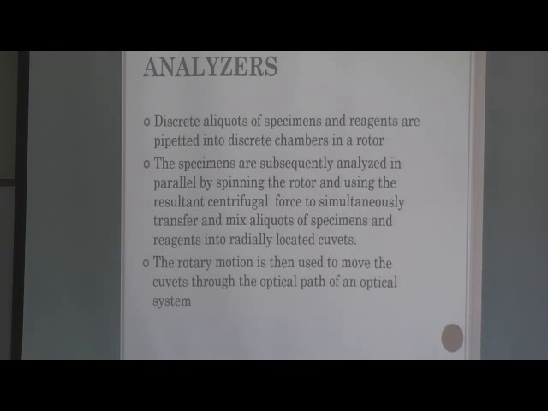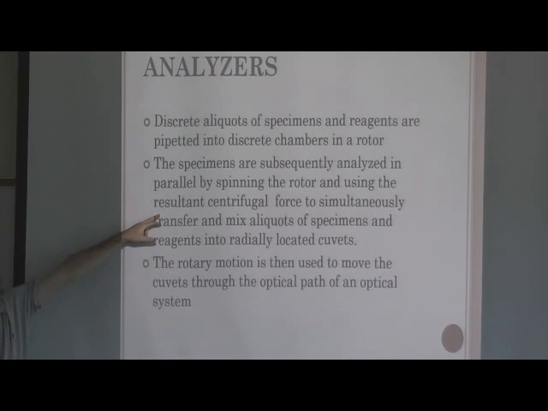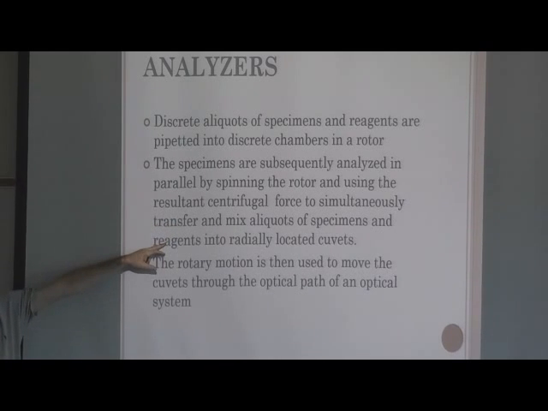Centrifugal analyzers, you have discrete aliquots of specimens and reagents. They're pipetted into discrete chambers in a rotor. And then that's going to spin. The specimens are subsequently analyzed in parallel by spinning the rotor and using the resultant centrifugal force to simultaneously transfer and mix the aliquots of specimens and reagents into a radially located cuvette.